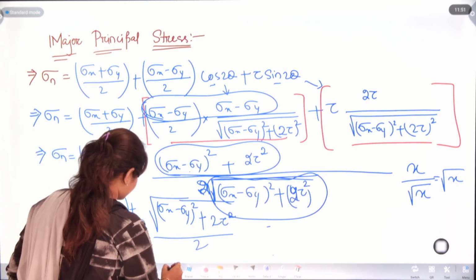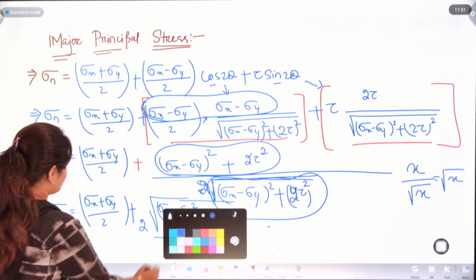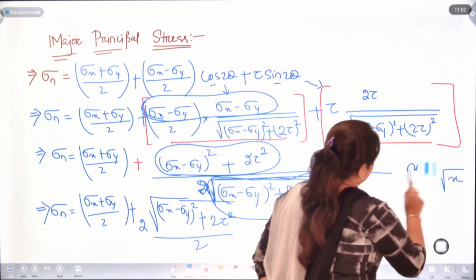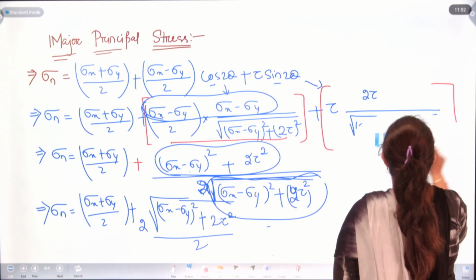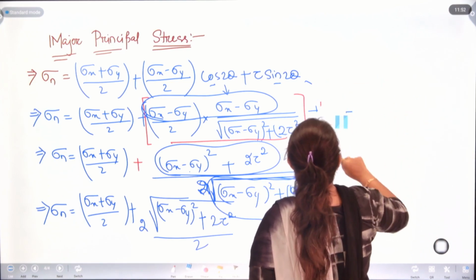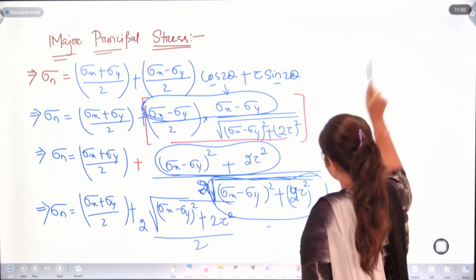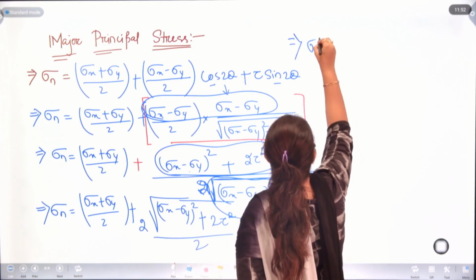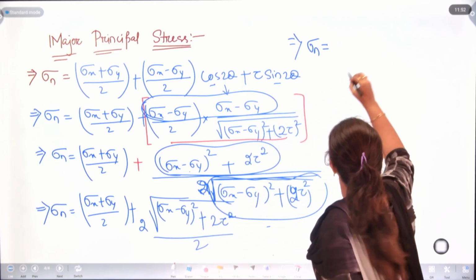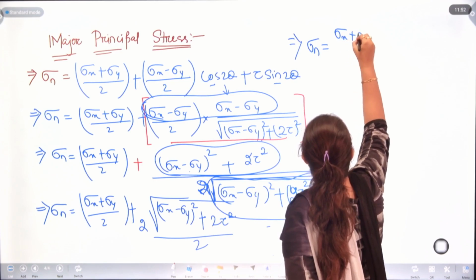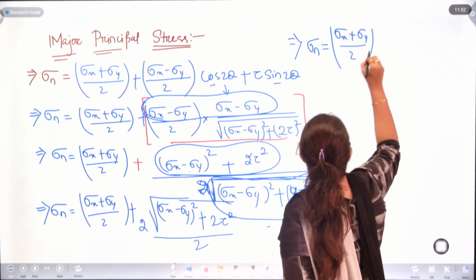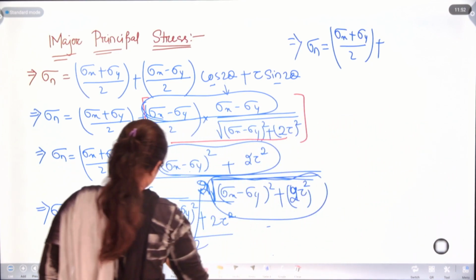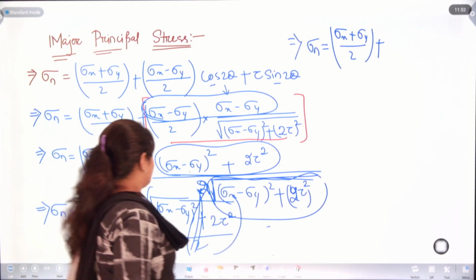Now, our equation will be, here we can write, so here we will have the formula as sigma n is equal to sigma x plus sigma y by 2 plus, if we just separate these two parts, what we will have?